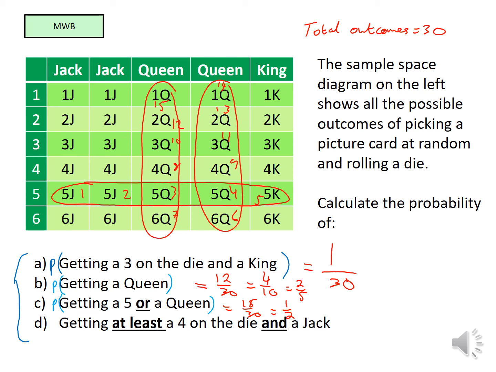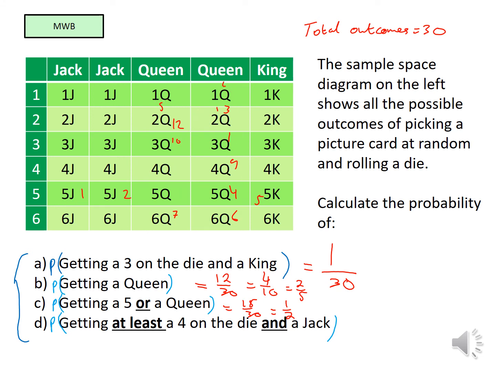Okay, and finally, probability of getting at least a 4 on the die and a jack. Getting at least a 4 on the die and a jack. So, if you're getting at least a 4, you can get a 4, a 5, and a 6.